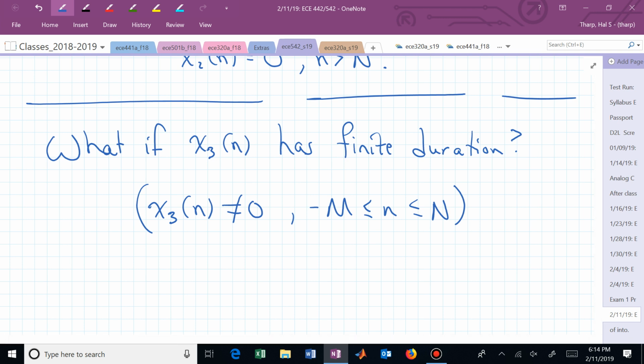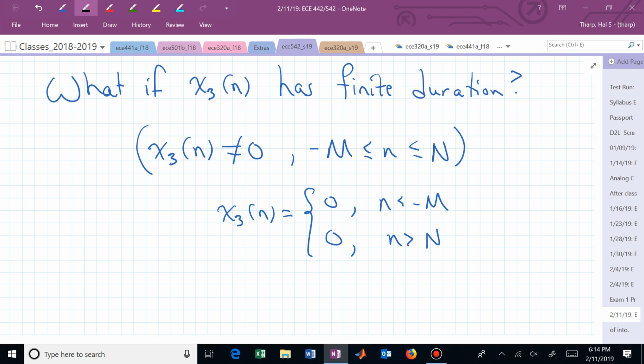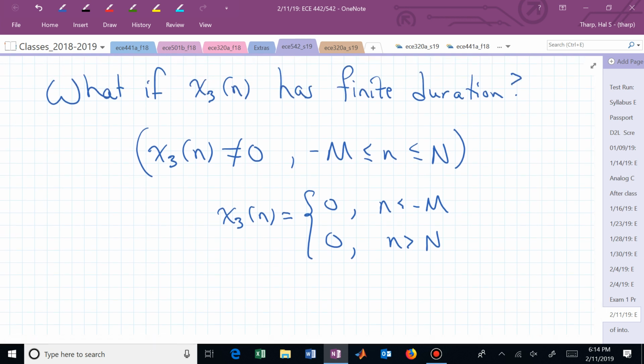It could be 0 in there, but it's definitely not going to be non-zero outside of those, minus M and capital N. Or you could say x sub 3 of n is 0 for n less than minus M, or it's 0 for n greater than N, whichever way you like. What if that is our sequence, x sub 3 of n, and we want to find its region of convergence?